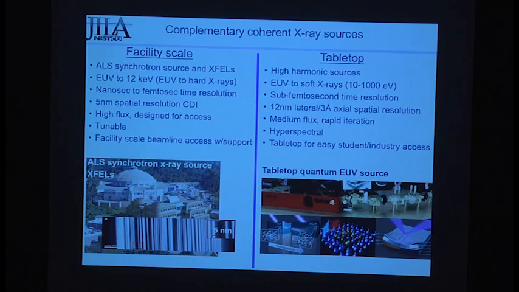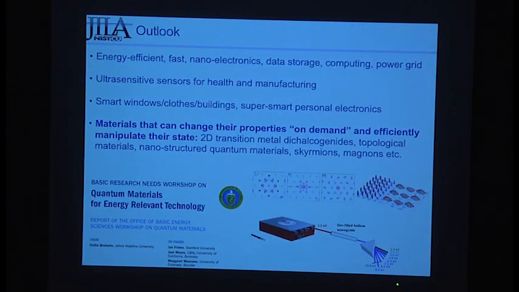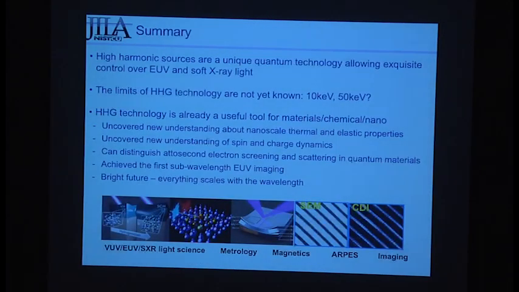I hope I've made a case that we have a tabletop technology that's complementary to synchrotron sources. This is the size of the system that can be used for photoemission. So it's actually quite small. And of course, one of the big applications is trying to learn how to manipulate materials and change their phase on demand. That's a goal of a lot of research in DOE.